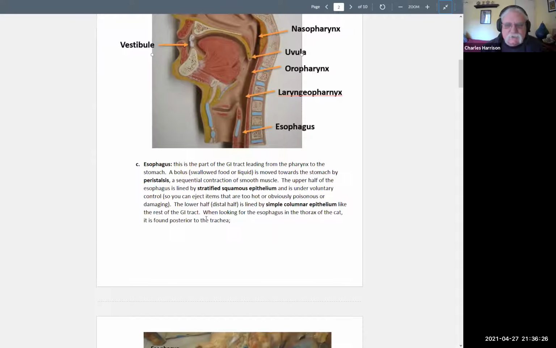A part of the GI tract that things enter into next is the esophagus. The movement downward in the esophagus is done by sequential contraction of the smooth muscle wall. And this motion downward towards the stomach is called peristalsis.